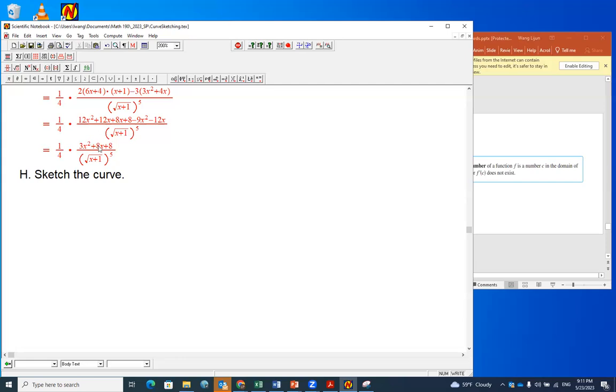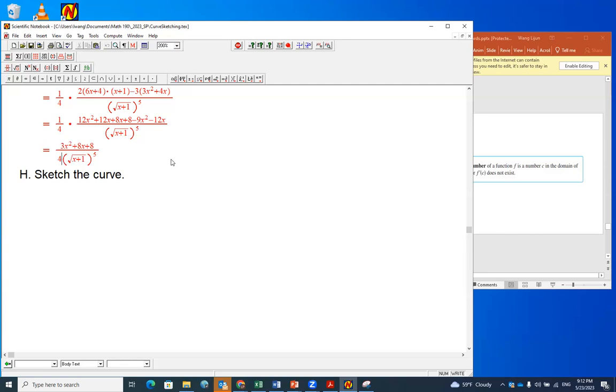So we got 3x squared plus 8x plus 8. Can we take the 8 reduce with the 4? No. Okay. And what's on the bottom? The bottom is we can put the 4 together to join it.